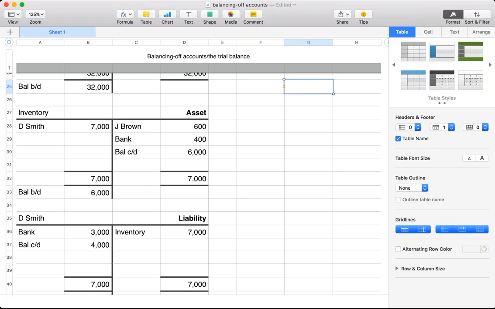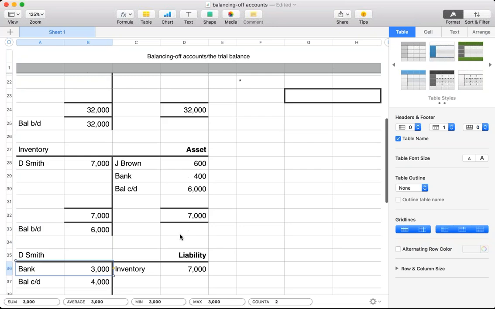Next we've got something slightly different this time. We've got an account for D Smith. Now D Smith is a liability. As you can see there, the £7,000 worth of inventory that we previously purchased, we purchased from D Smith on credit. So there's the invoice for the inventory. It looks like we've already paid £3,000 of that 7,000, so there's £4,000 left for us to pay.